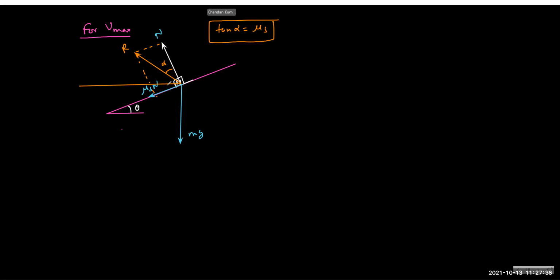I can find this angle also. This is theta. Let's say this other angle is beta. So you can free yourself from writing the various components. You can write only one thing: R cos beta equals m v square by r. That's it, simple.